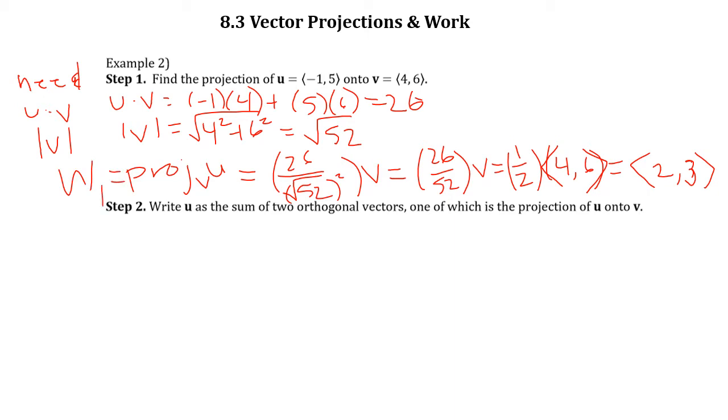Now we're going to do our u equals W1 plus W2, and u is -1, 5, and W1 is 2, 3.